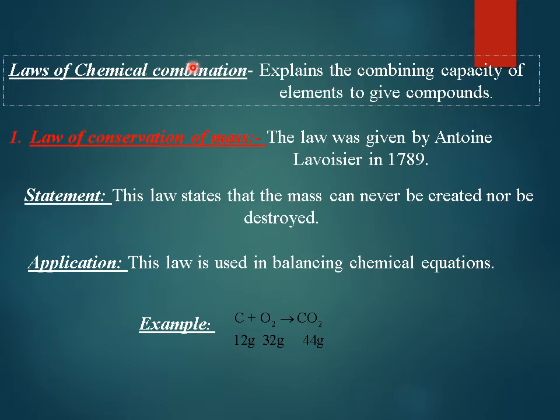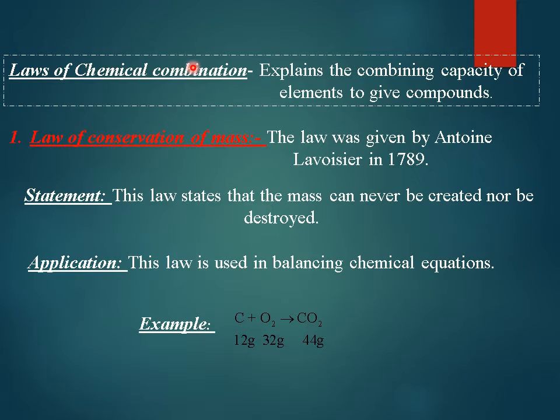Basically, there are various laws that were proposed by different scientists at different points of time, in different eras, and they explain how the elements combine to give you compounds, in which composition, in which proportion they are going to combine.